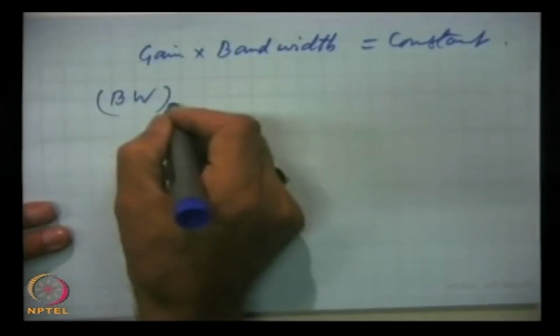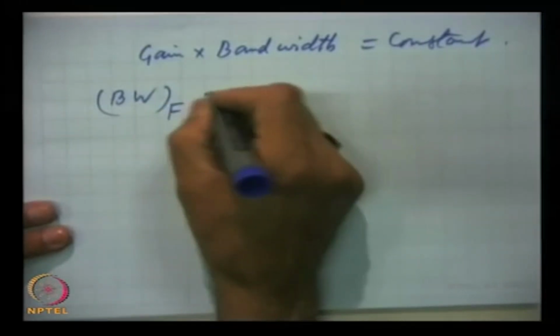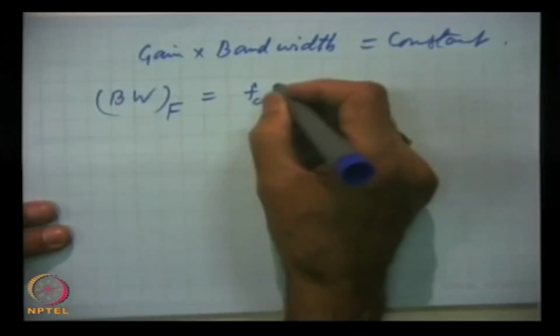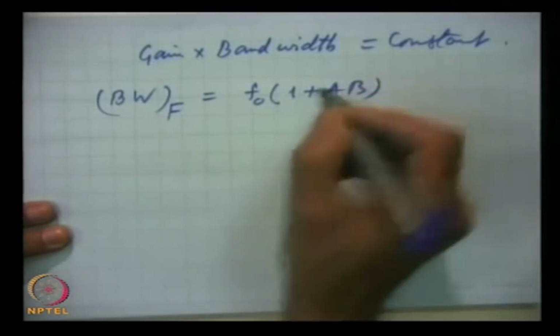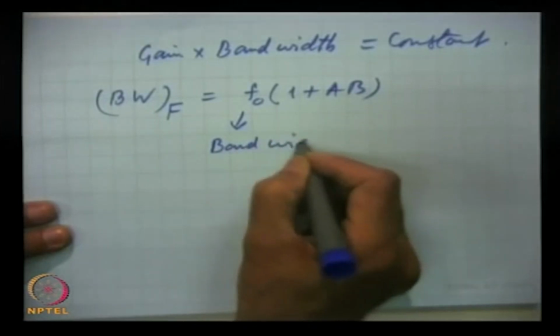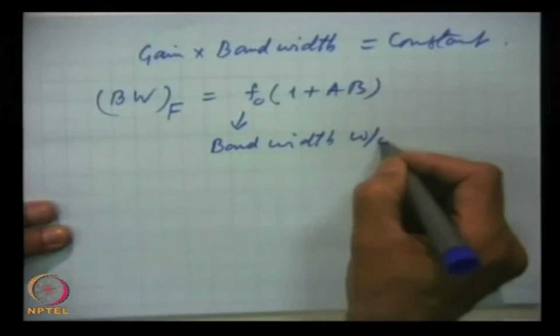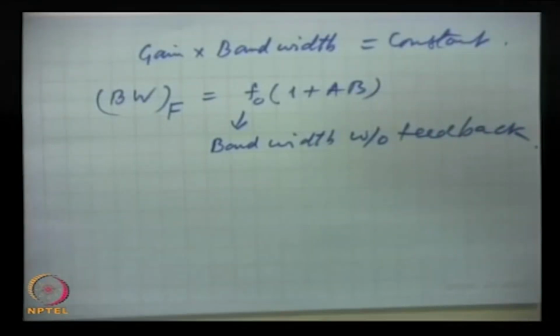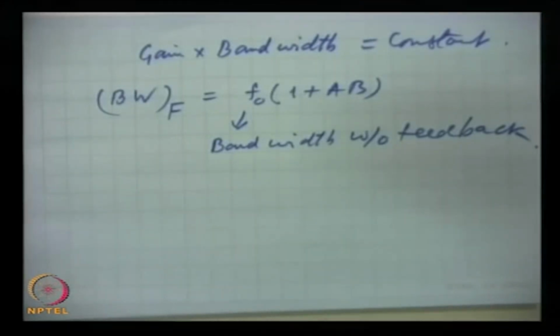So with feedback, the bandwidth is the bandwidth without feedback multiplied by 1 plus AB. So we are seeing all through that the non-inverting op-amp is an ideal voltage amplifier.